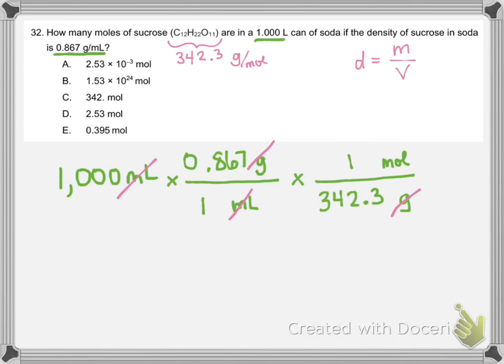And I can see that this ends up being 2.53 moles. And from there you could even figure out how many atoms of sucrose, or molecules of sucrose, are present in a liter of soda.